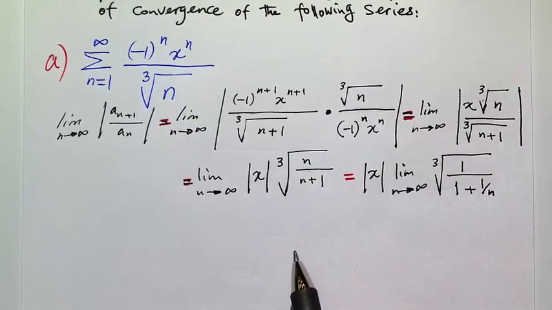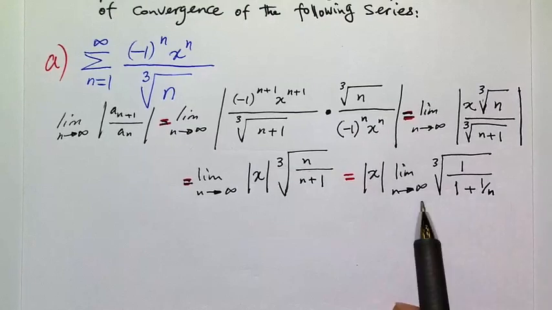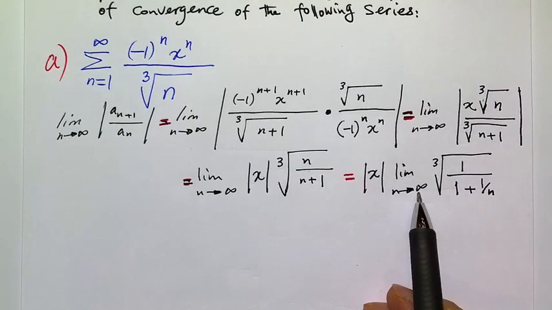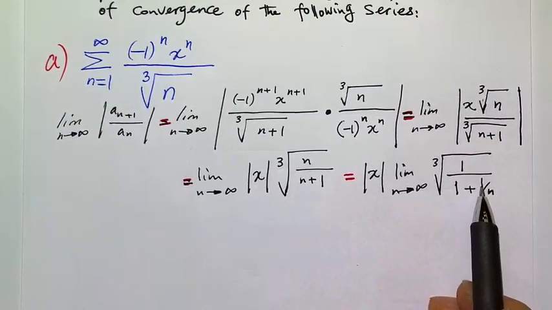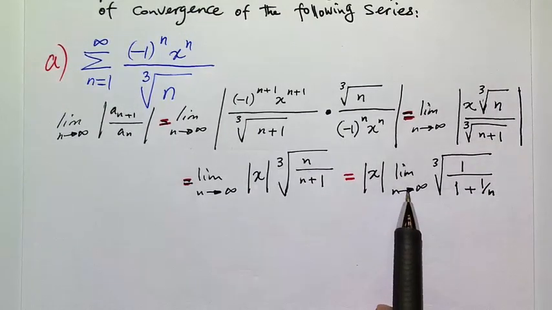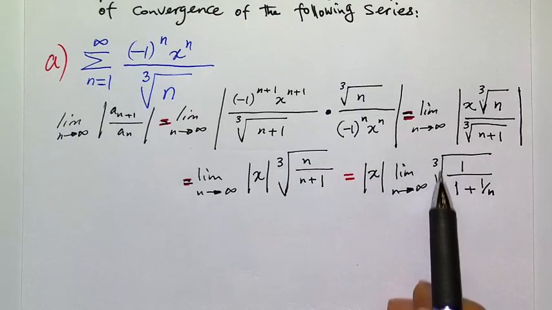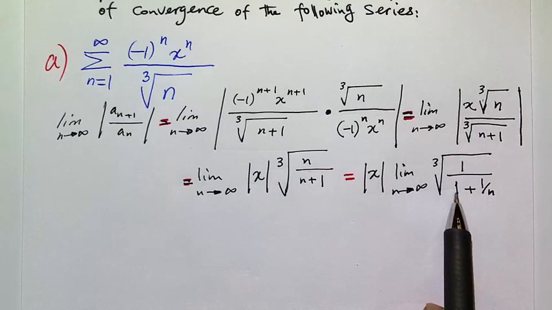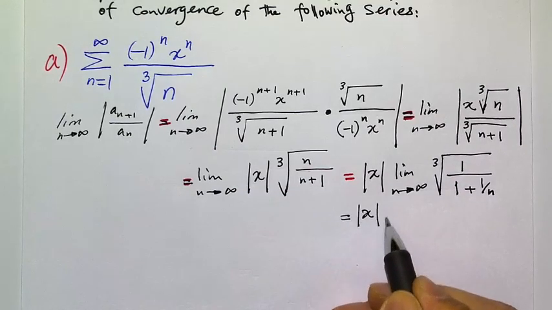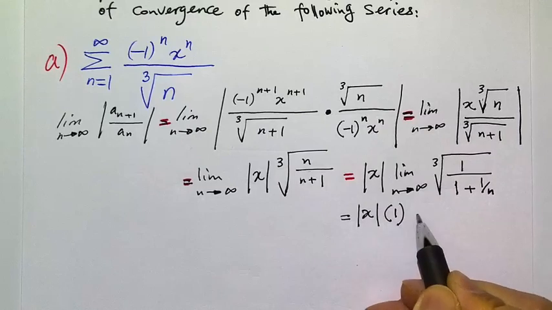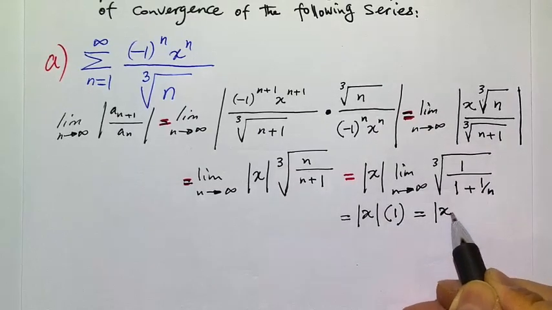And the absolute value in front, of course. So now, notice that just rearranging terms, going from here to here, makes it easier to apply the limit. And if we do that, this will be just the third root of 1, which is 1. So we will end up with the absolute value of x times 1, which is equal to the absolute value of x.